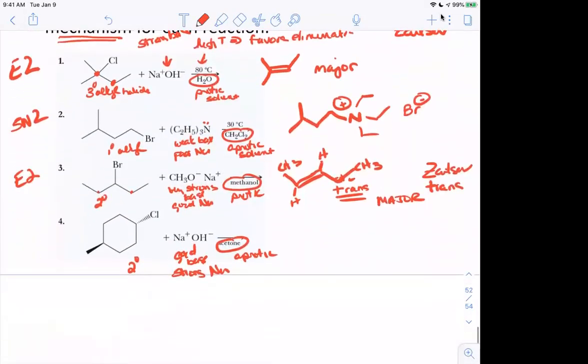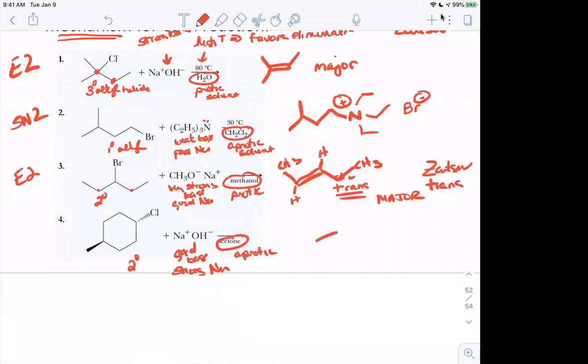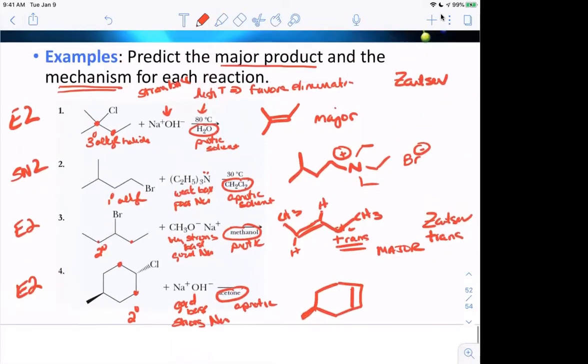Doesn't matter what the solvent is, what I'm going to get is E2, which is going to stay the same. And I could either write this as going down or going up. These two carbons are equivalent. And they're symmetrical, so there's no Zaitsev, there's no regiochemistry. So this is the product that I'm going to get.